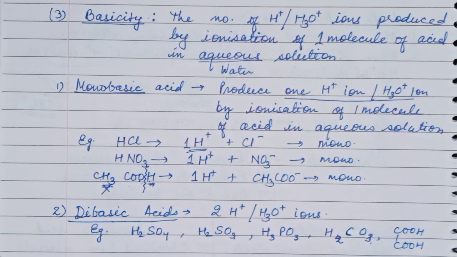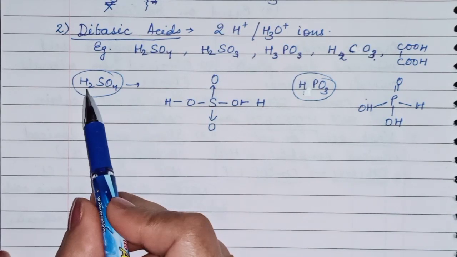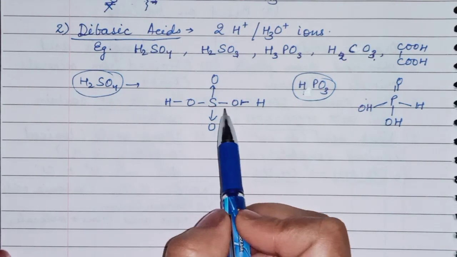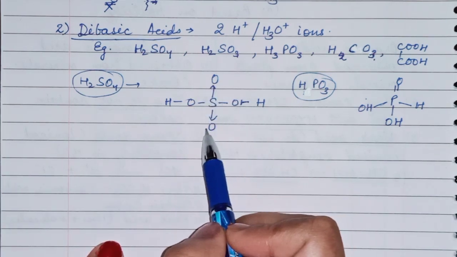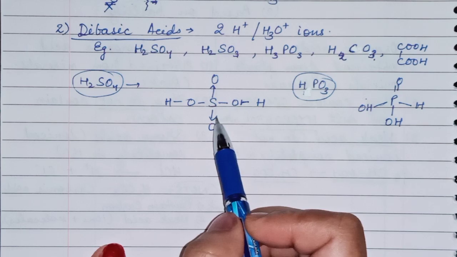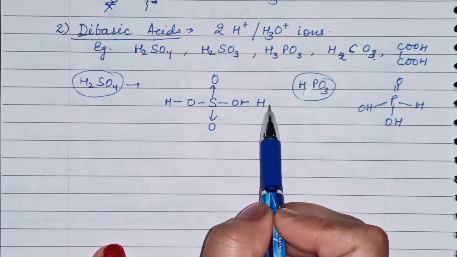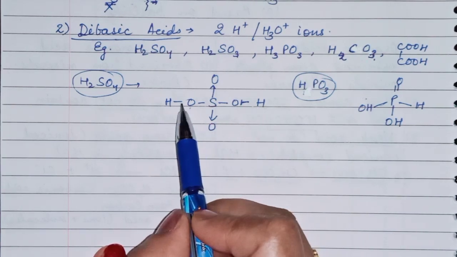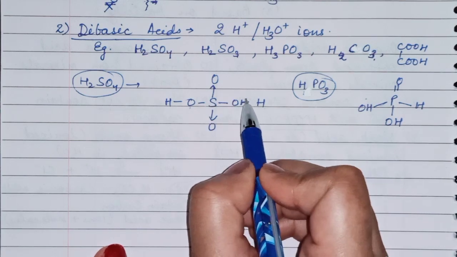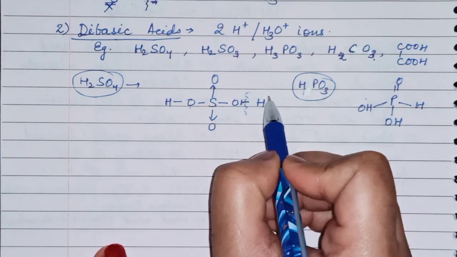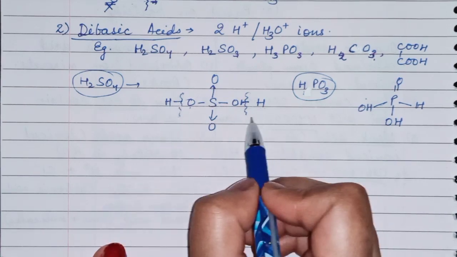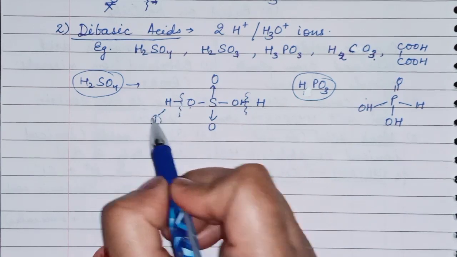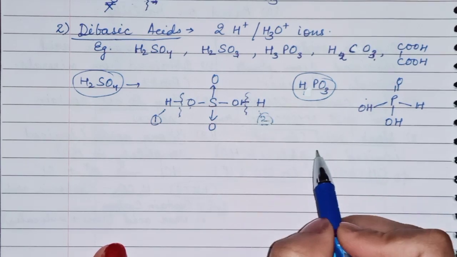Now let's see how they dissociate in water. Let's see H2SO4. The hydrogen atoms which are attached to oxygen can dissociate into ions. So one hydrogen from here and one from here. How many total hydrogen atoms are dissociating? 1 and 2. That's why it is dibasic.